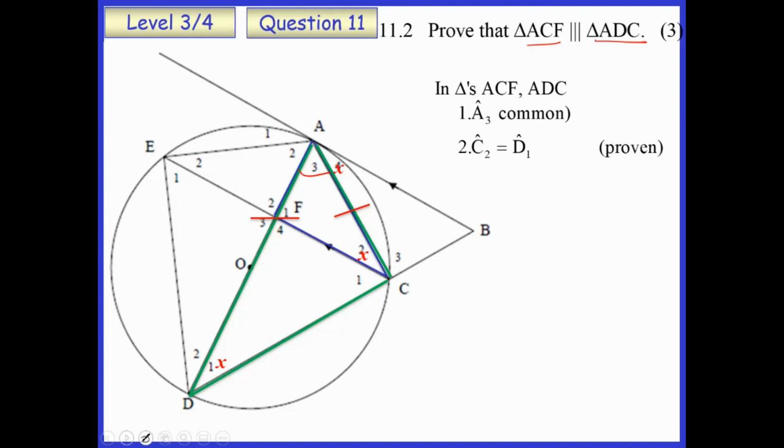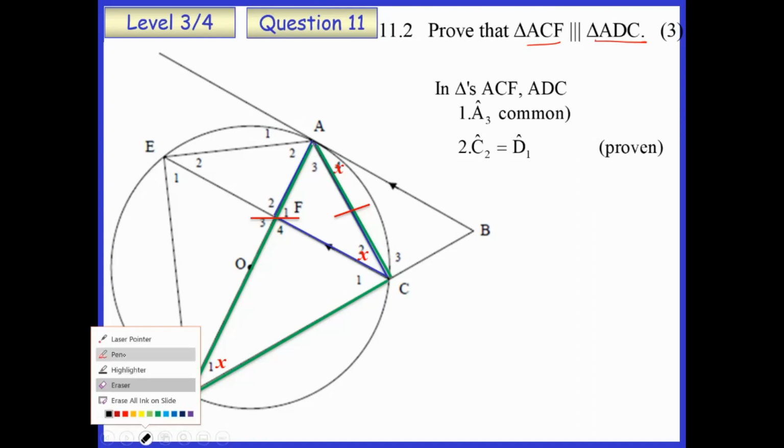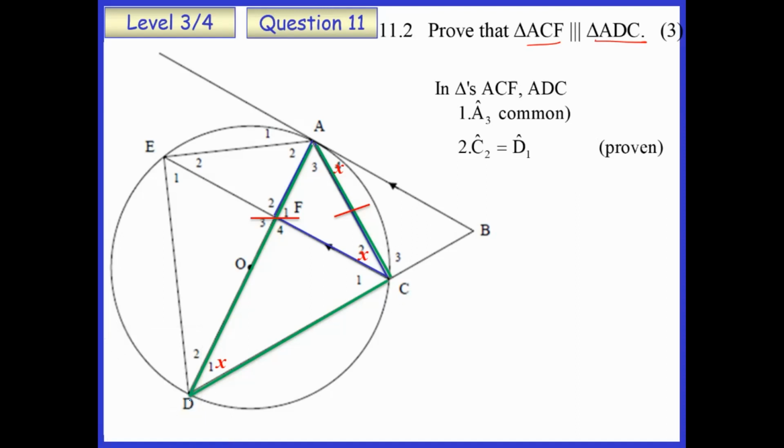Now, what is the third angle? That's very important to pick out. And a lot of boys do not do this in an exam. They can't pick out the third angle. So it's very important for us to pick it out. If we go to the blue triangle, the angle that is remaining in the blue triangle is F1. Would you agree with that? Yes, sir. And if we look at our big triangle, we took A3, we took D1.